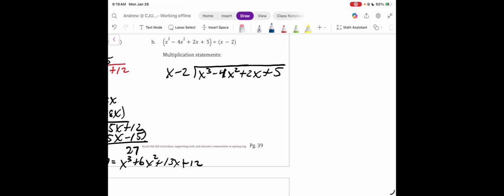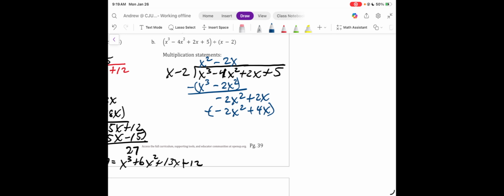All right, x goes into x cubed, x squared times, that's x cubed minus 2x squared. Subtract them. Negative 4 plus 2x squared is negative 2x squared. Bring down the 2x. X times negative 2 is negative 2x squared, and that's negative 2x squared plus 4x.